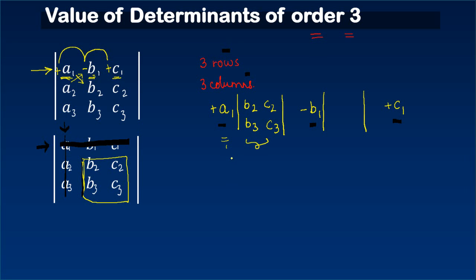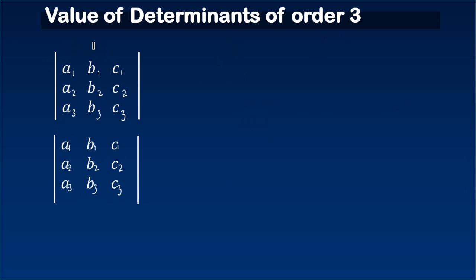If I have to apply the same logic to B1, what will I do? Let me show that to you. When I talk about B1, I need to see the row in which B1 falls. B1 falls in the first row, so I just knock this off. And B1 also falls in the middle column, so I will ignore the middle column. What am I left with?